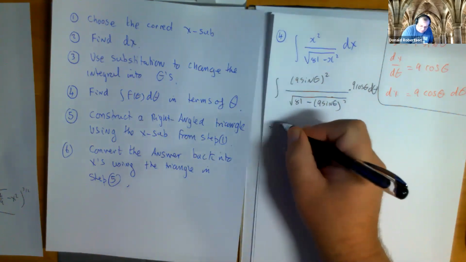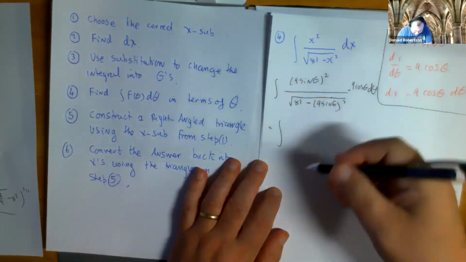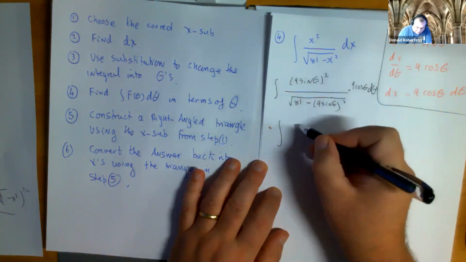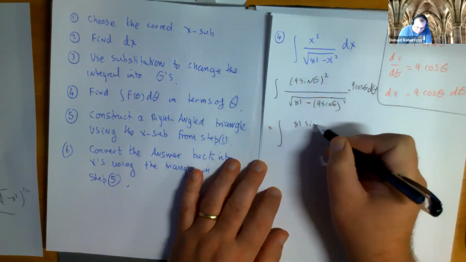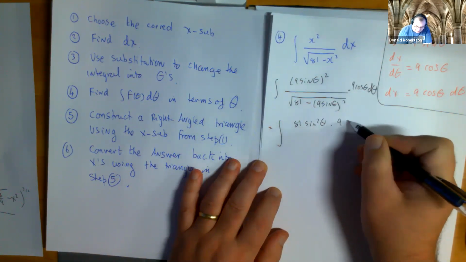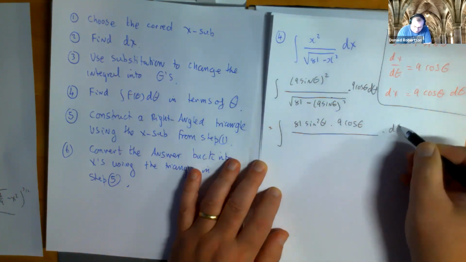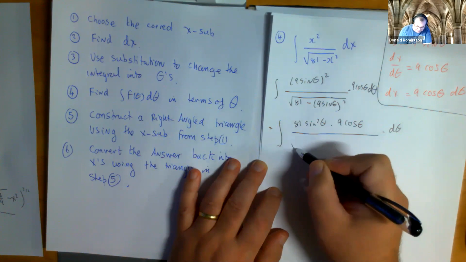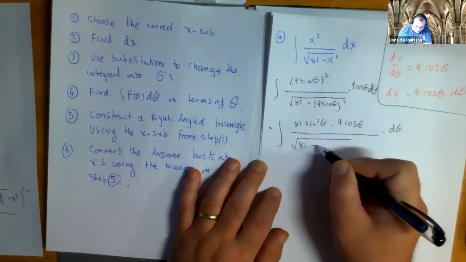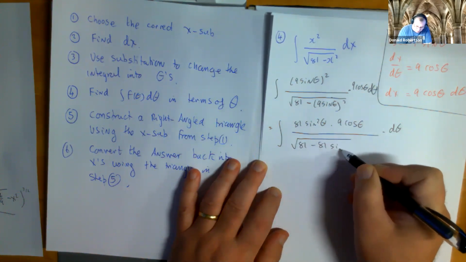Okay. The next stage is just getting the thing tidy. So that gets you 81 sine squareds multiplied by 9 cosines. This in the square root becomes 81 take away 81 sine squared.